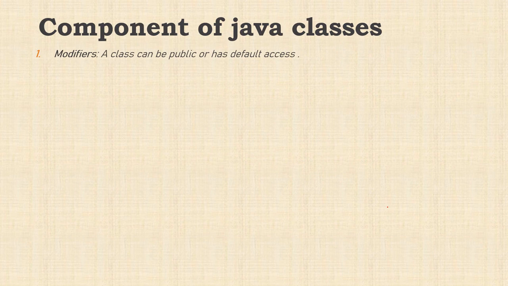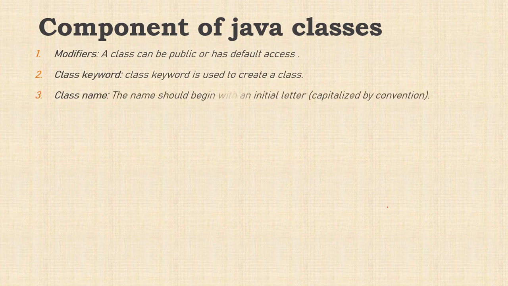So modifiers: a class can be public or have default access. Class keyword: the class keyword is used to create a class, as we just saw before. Class name: the class name should begin with an initial letter, a capital letter. So with modifier, class keyword and class name, we can create the class.